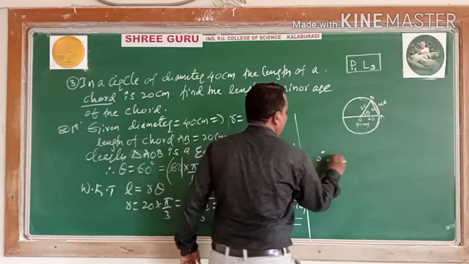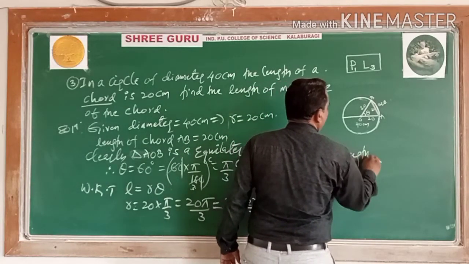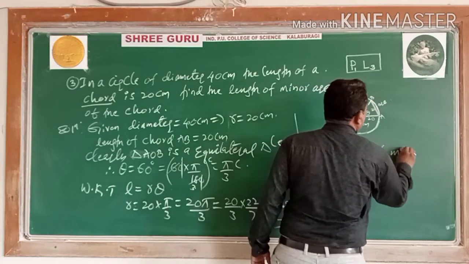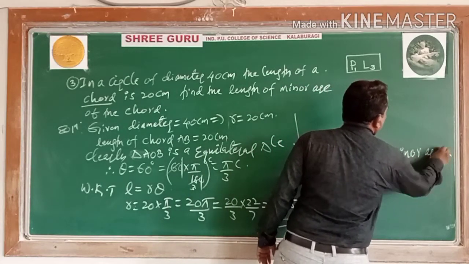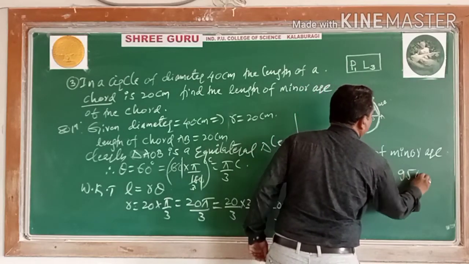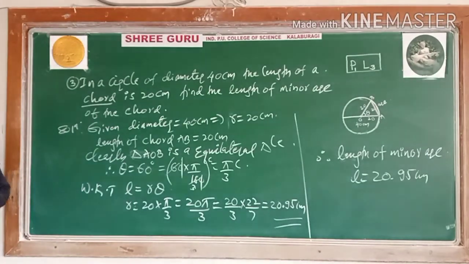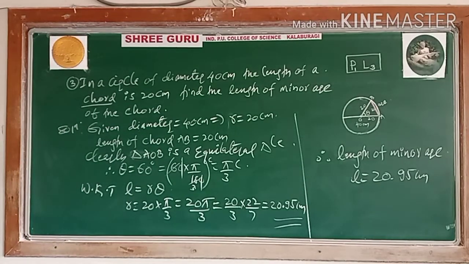Once again I will write here. Therefore length of minor arc L is equal to 20.95 centimeter. Yes, I think this is the third example here.